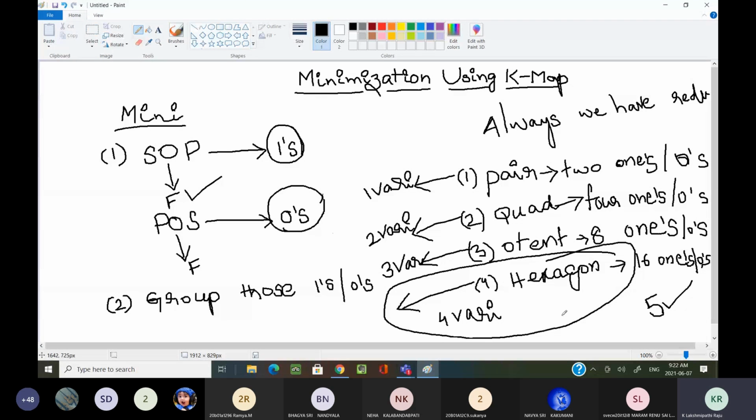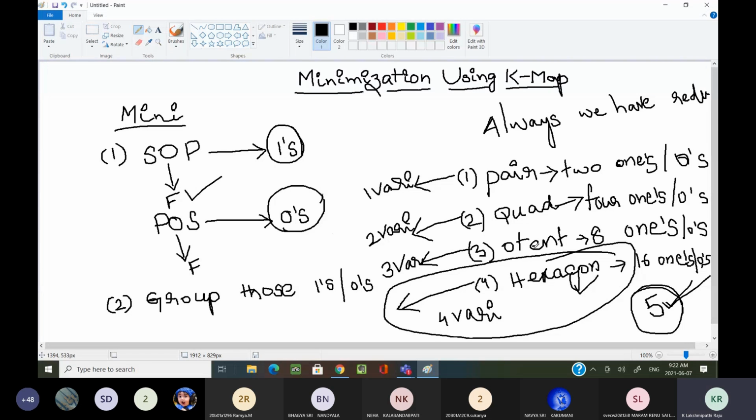If it is a 5 variable Boolean expression, depending upon your Boolean expression, you may form a hexagon. Here, what you have to remember is, if it is a 5 variable, then only a hexagon will be formed.